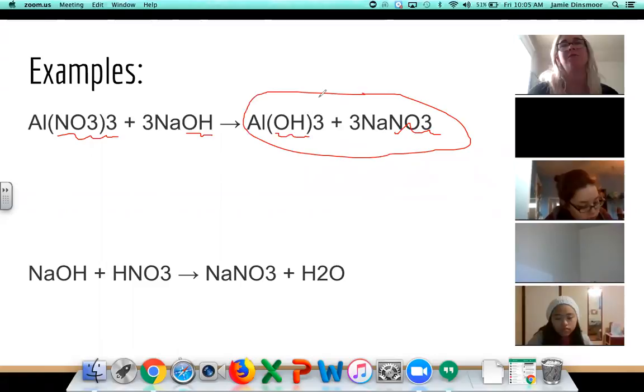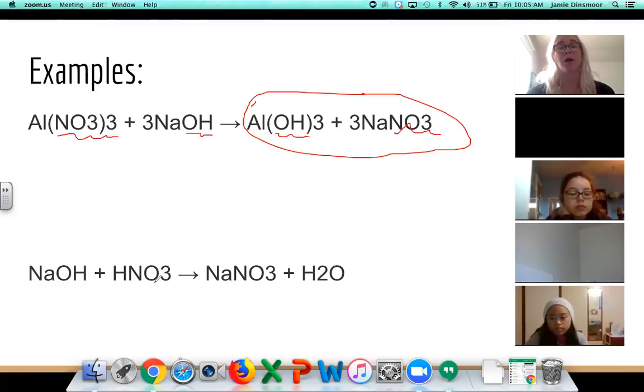And we're going to have to think about bonding, right? Aluminum has 3 valence electrons, hence why we need 3 OH groups here. Okay, another example, sodium hydroxide, and I guess this is nitric acid, actually.